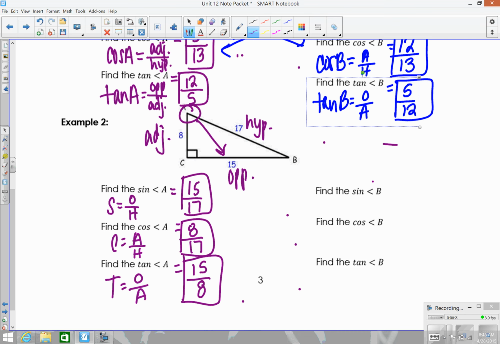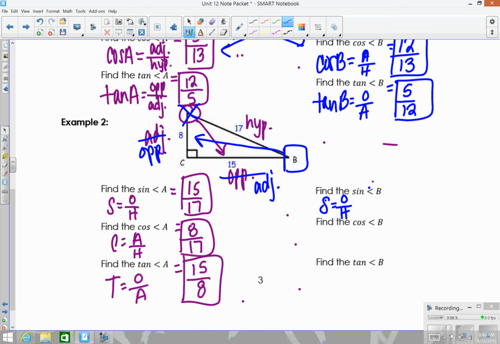And then when we get to B, everything flips. So now the opposite is 8, and the adjacent is the 15. So when we do sine, or soh, opposite over hypotenuse.